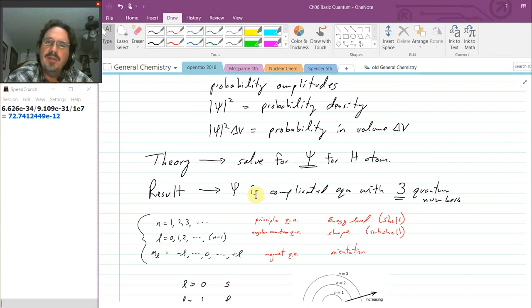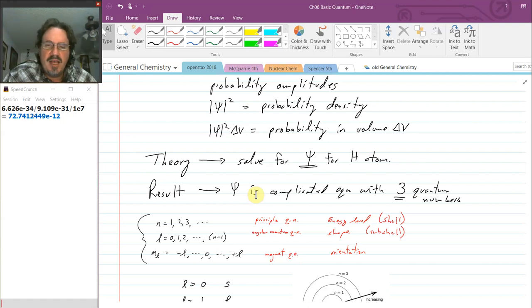Now we have very complex waves. We have very complex shapes, but they are the ones that fit in this region around an atom, around the nucleus of an atom, I should say, to make up the atom. Where is that electron? What does it look like? And that equation for psi has quantum numbers in it, just like the other ones that we looked at. So in a way, that's not surprising. It makes perfect sense.